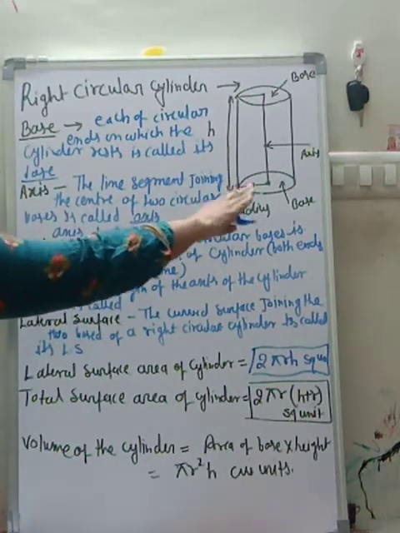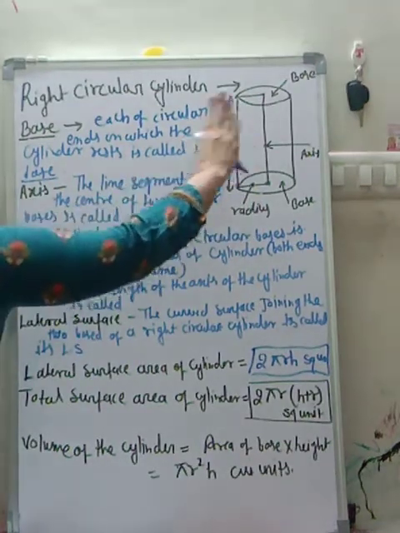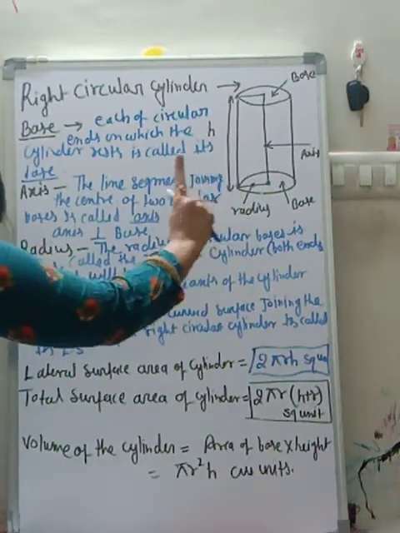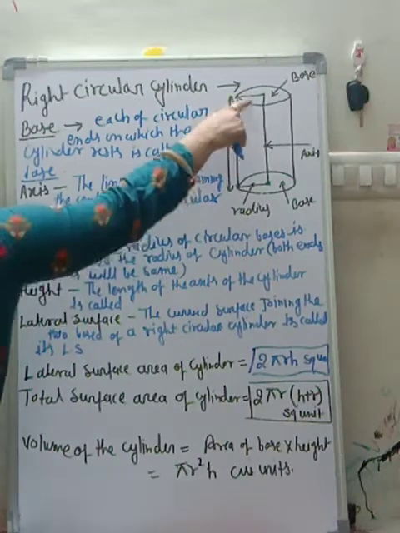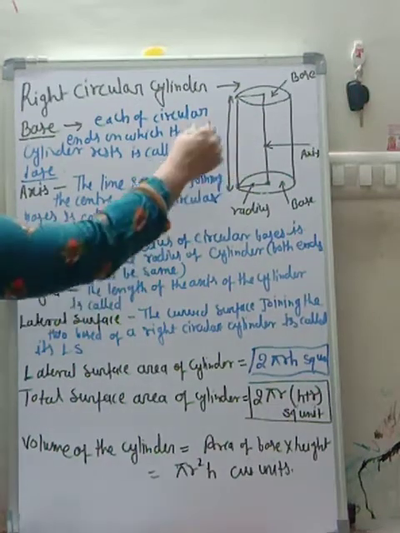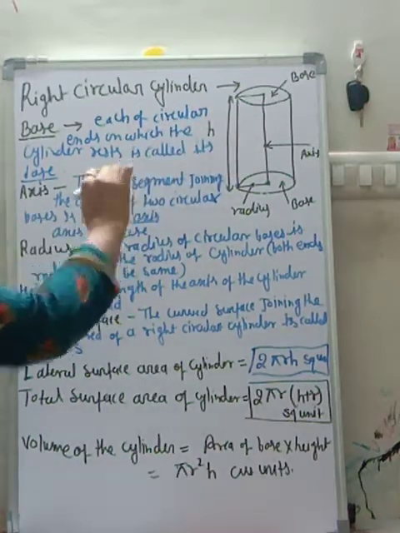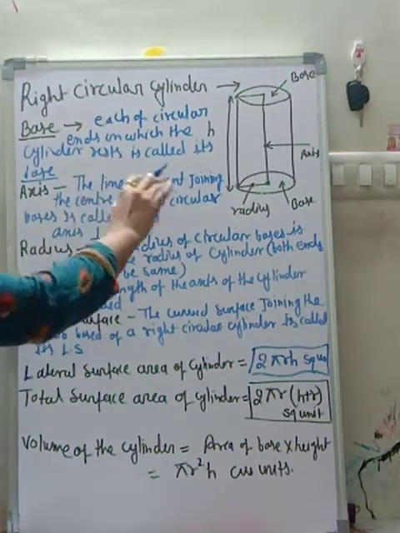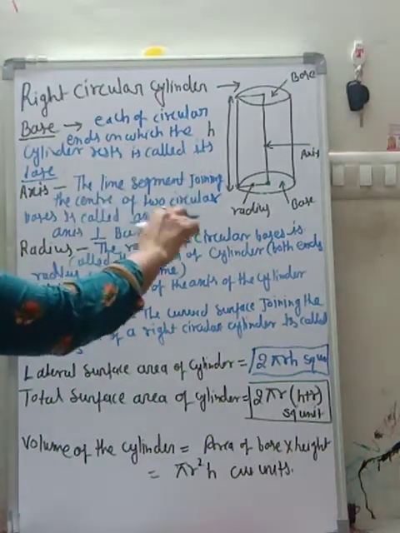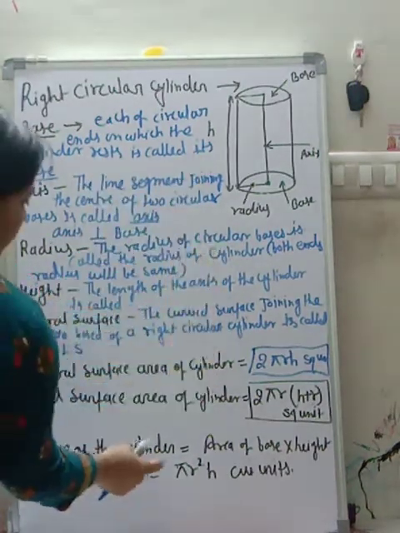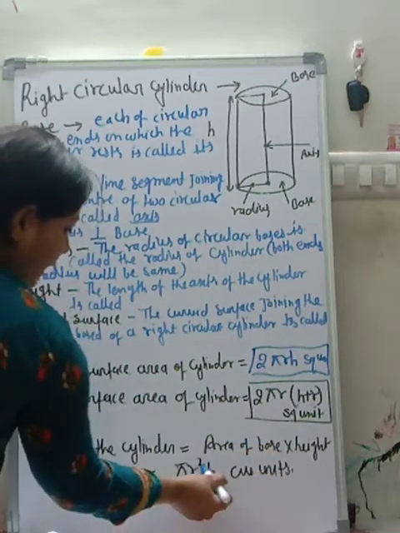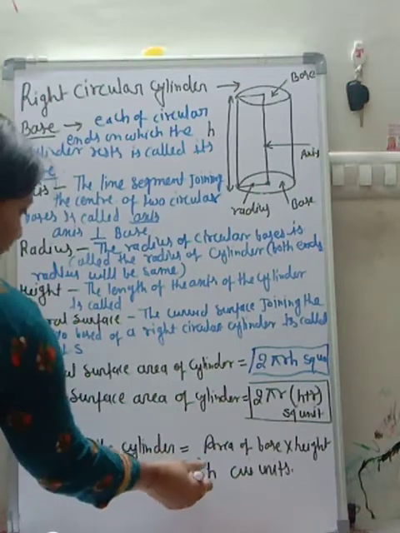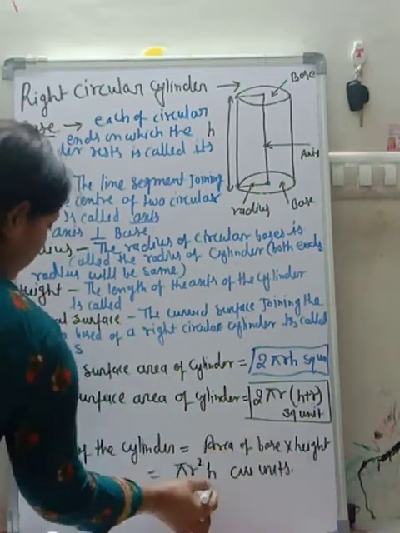The measure of the space occupied by the cylinder means the area of the two circle bases into height. You have already learned the area of a circle is pi r square. So the volume of the cylinder is the area of the base into height, that is pi r square into height h.